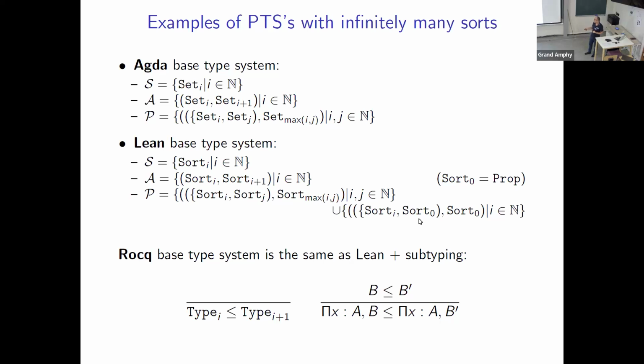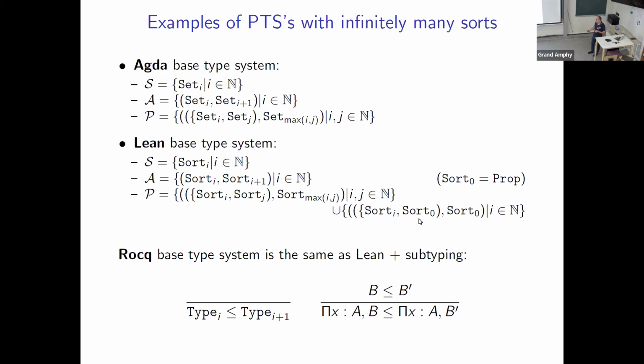And finally, all these systems are functional, so we have functions for these relations A and R. But there are some systems like Coq where it's not functional anymore. They introduce some subtyping, called cumulativity, on sorts. So it means it's not functional anymore because a type can have different types. But we can prove that a term can have a smallest type in this order.